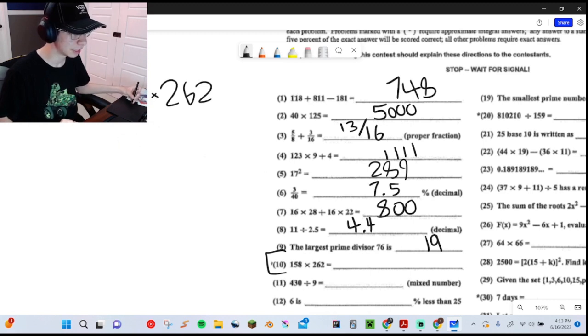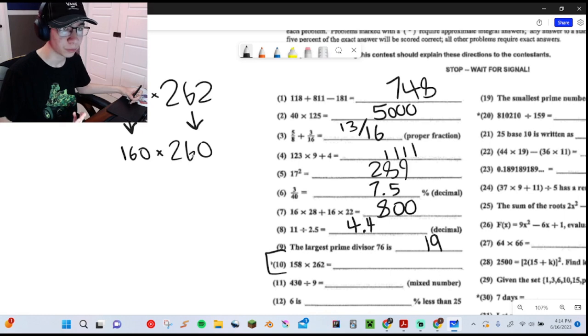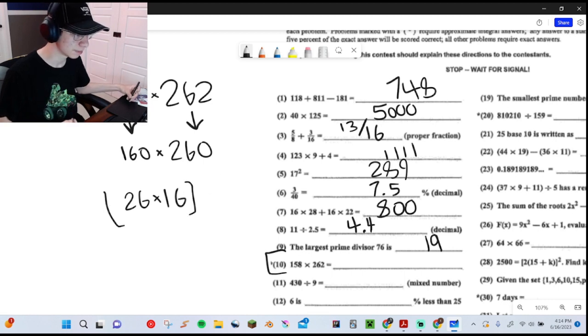So instead, I'm going to round this to 160, and I'm going to round this to 260. What I can do now is just multiply 26 times 16 and then add 2 zeros, because I pulled out these two factors of 10.